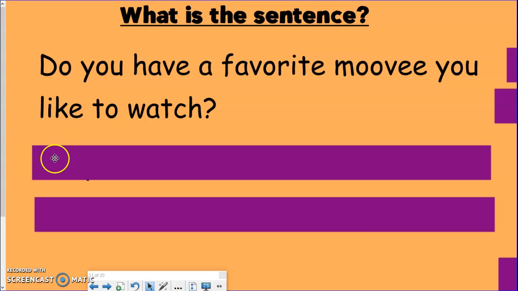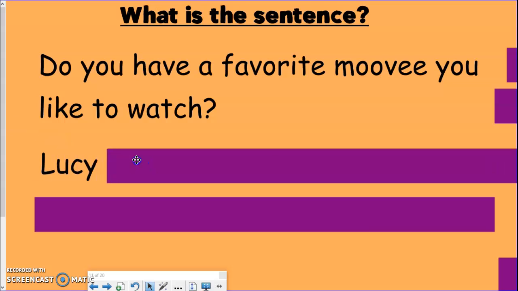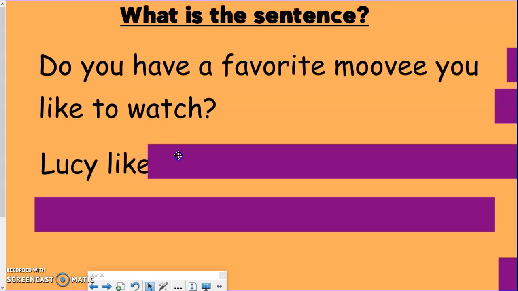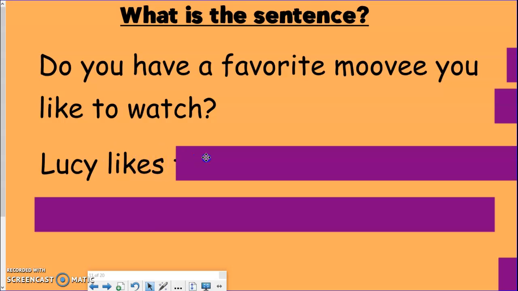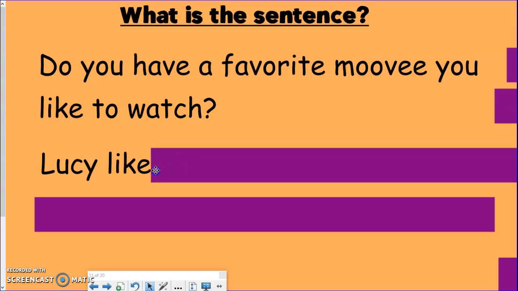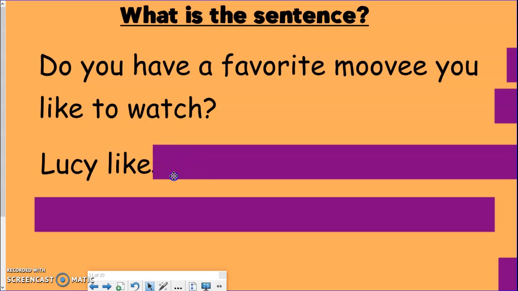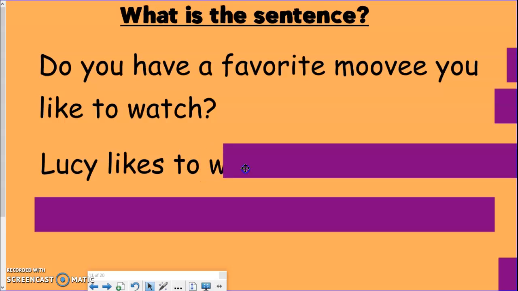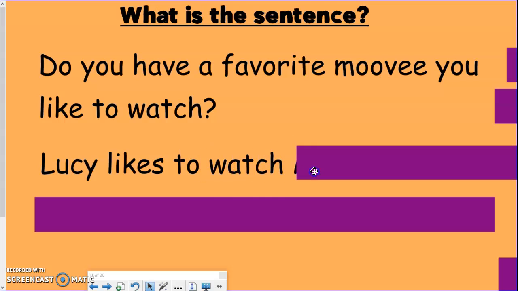All right, let's go to our next sentence. Lucy. All right, look here. This word without the S is like. So then when we put the S on it, it's likes. So the sentence already says, Lucy likes to watch.